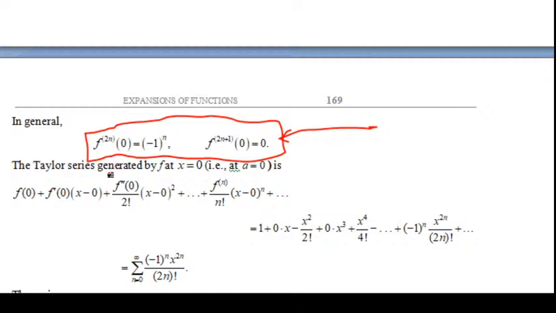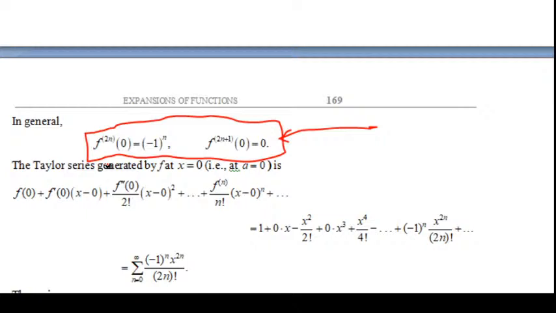What about f of 2n of 0? It means we are finding the derivative of the function f 2n times, then we get a function and we evaluate the value of that function at x equal to 0.